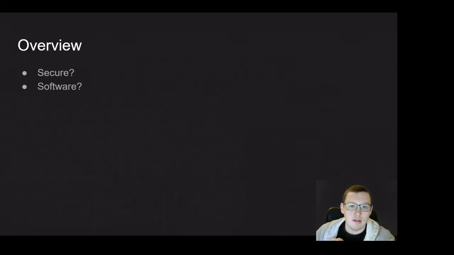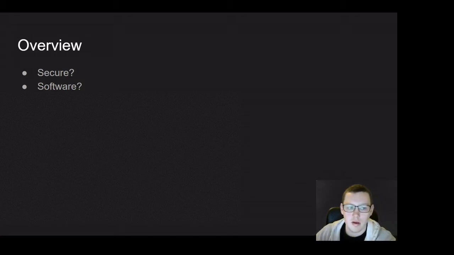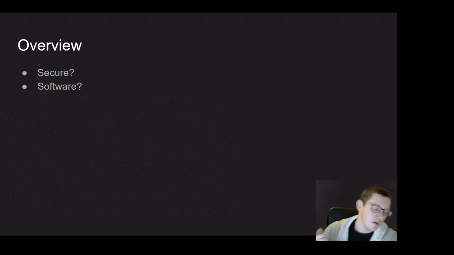So before we get into the detail of how we are actually going to be exploiting vulnerable software, it's worth taking a step back and looking at the high level concepts involved. So first we're going to try and define what we mean by secure, what we mean by software, what we mean by vulnerabilities. We're going to look at one of the ways we can categorize software vulnerabilities.